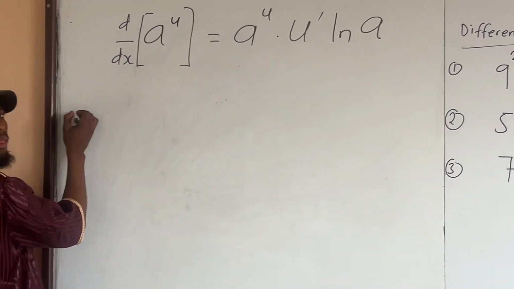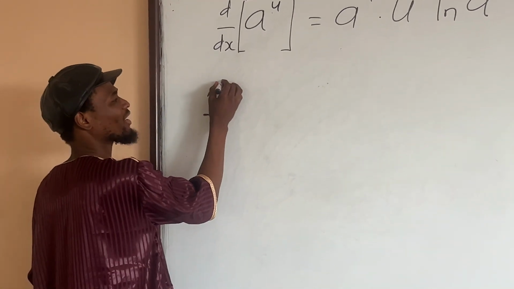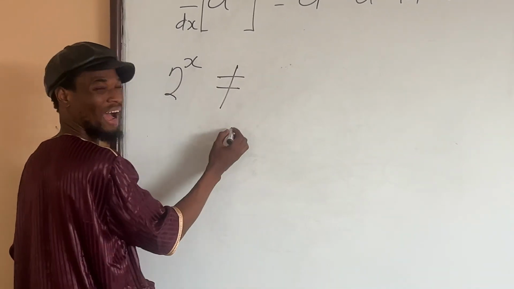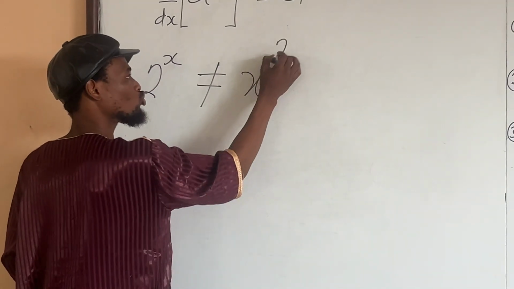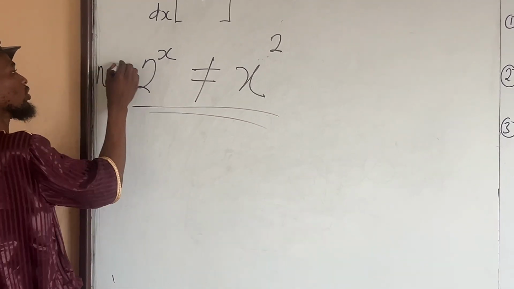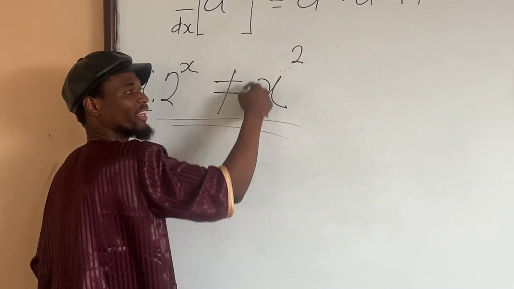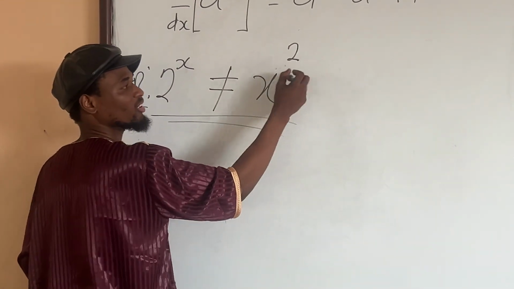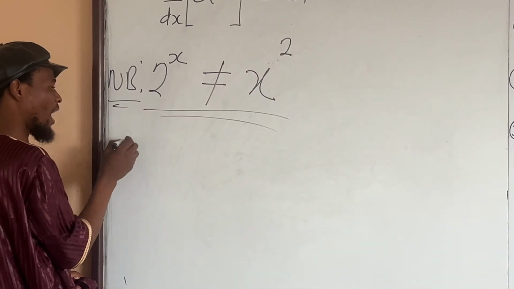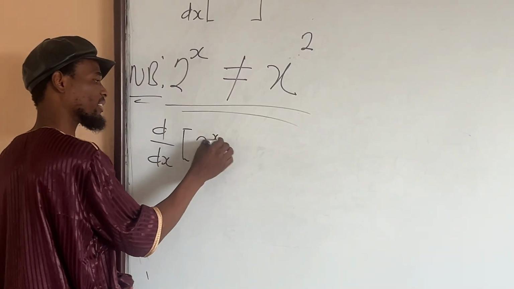So for example, I've been told to differentiate 2 raised to an exponent of x. Remember, this is not the same as x to the power 2. Remember this, viewers, note this for me. They are never the same. So we already know that x to the power 2 becomes 2x when differentiated. What about d over dx of 2 to the power x?